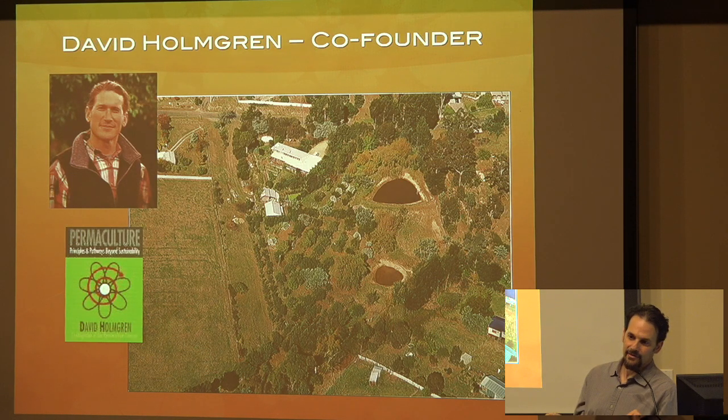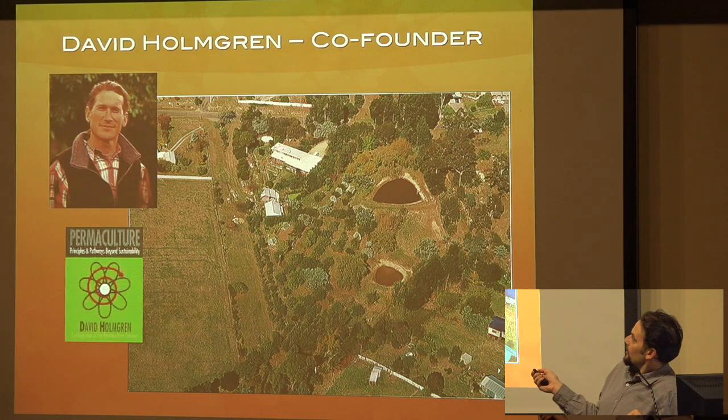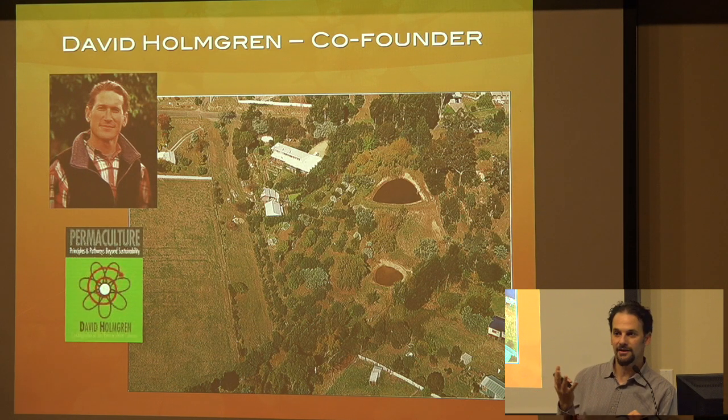So you can see again some semblance of rows of trees, and annual gardens with the house clustered in here, and you can see forest and water collection. You get a little bit of the aesthetic sense of permaculture, where there's order, but there are also natural systems. It's not the same level of control, but nature is allowed to thrive within an agricultural system.